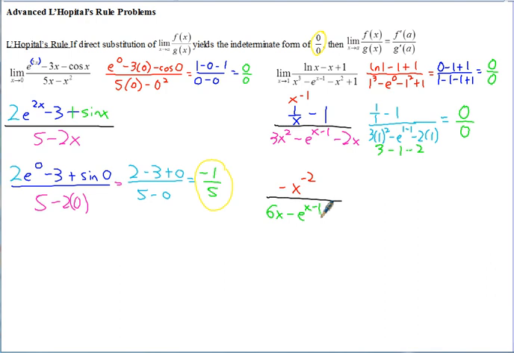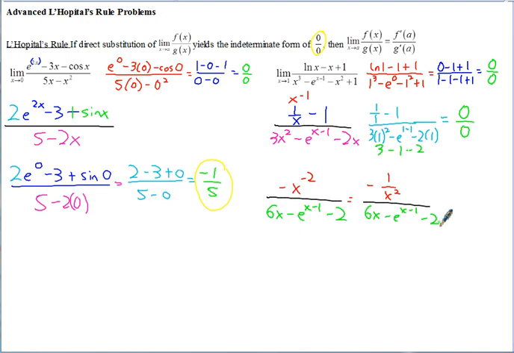When you take the derivative, the x minus 1 is 1, so times 1 doesn't change, and then the derivative of negative 2x is negative 2. And simplify that, that's just negative 1 over x squared over 6x minus e to the x minus 1 plus 2.